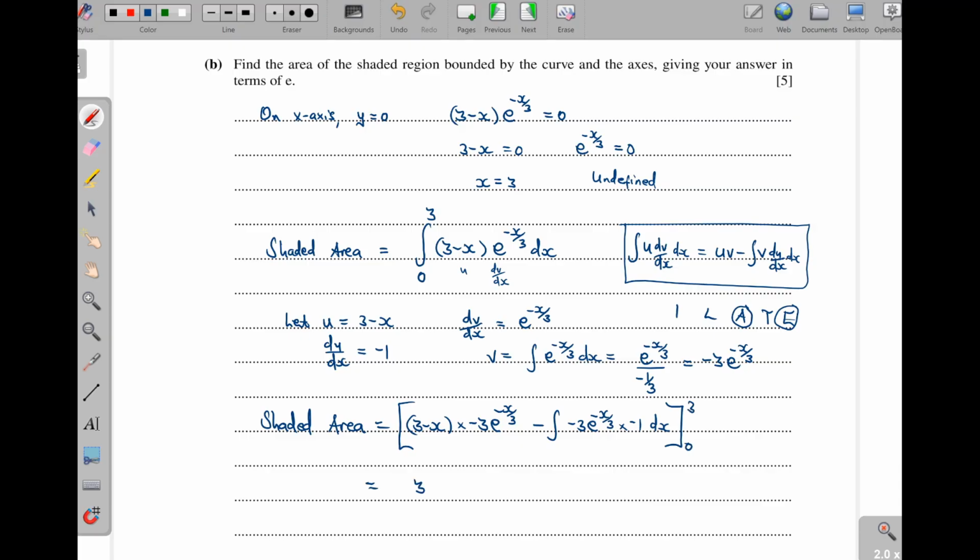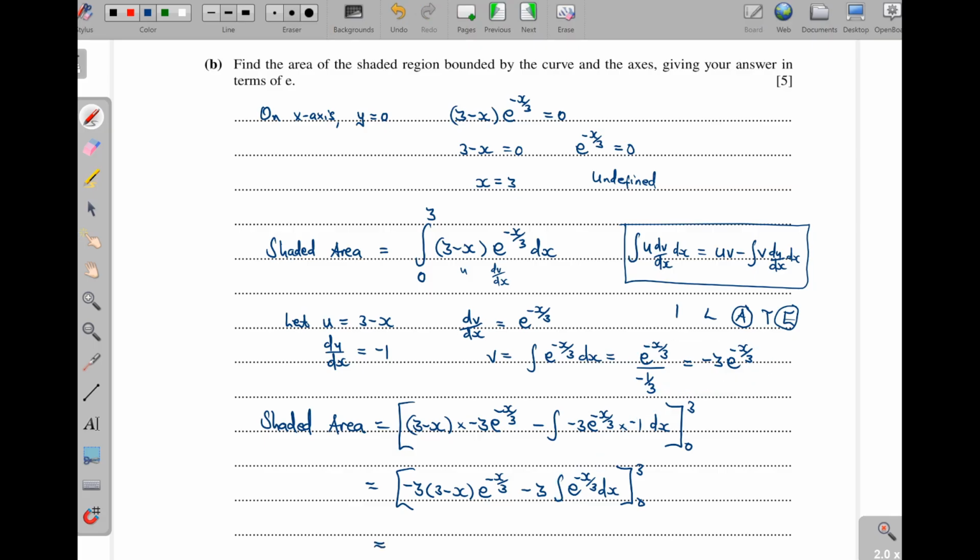Then we first simplify. I'm going to bring this one first. So we shall have negative 3 here, then 3 minus x, and then e to the power of negative x over 3. Then this is a negative times a negative, you get a positive. But again, we have a negative there, so I'm going to put the 3 out. Now, here you can see that again, we are integrating this one here, which is the same as what we are having here.